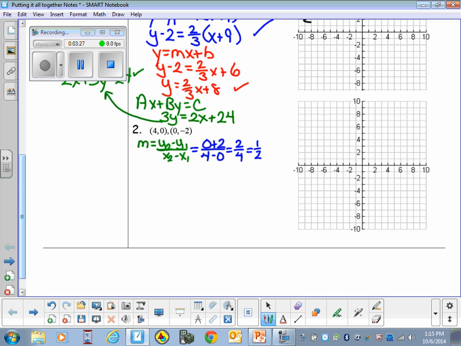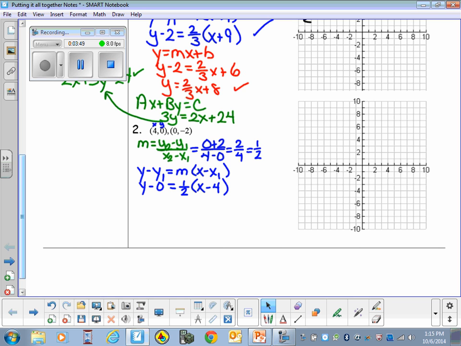Now I pick whichever ordered pair I want. I'm going to say x and y here, and put it in my point slope form. So point slope form will be y minus 0 equals 1/2 times x minus 4.